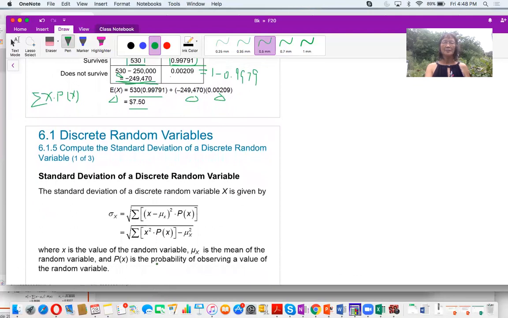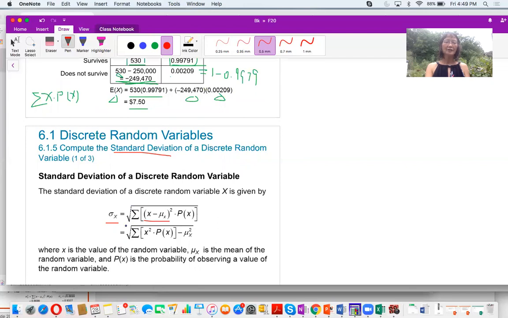So far we talked about the mean of our discrete random variable. Next, we'll compute the standard deviation of our discrete random variable. We use sigma x to represent the standard deviation. This is the formula: you use the random variable x minus the mean, squared, times the probability of x, and then add them all, sigma.